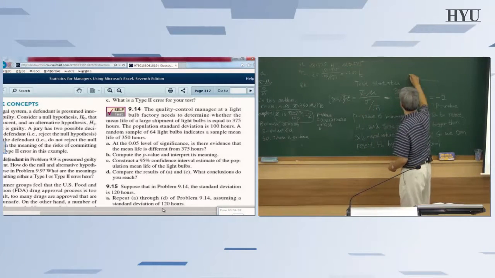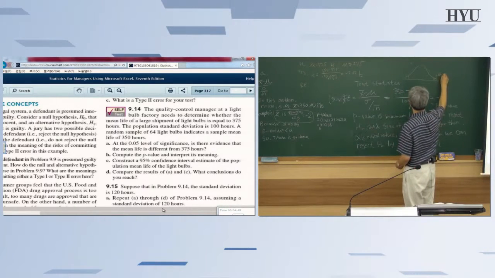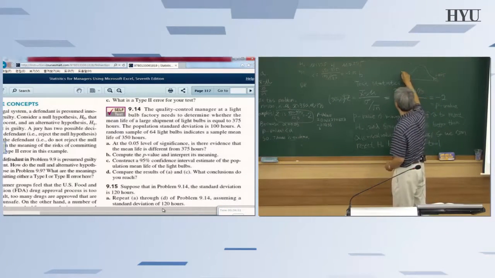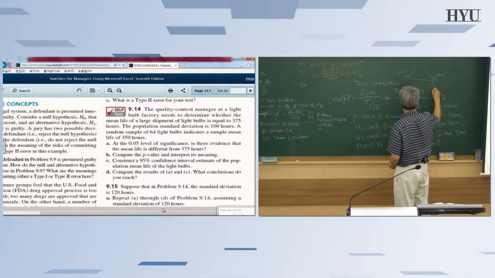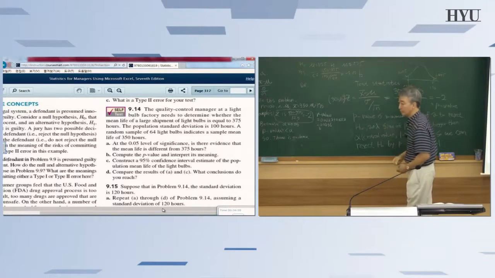We've used this kind of example many times, right? This is a two-tailed test, so 0.025, then we know that this is 1.96 and this is negative 1.96, right?